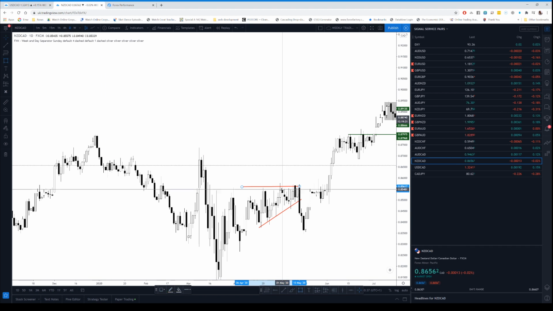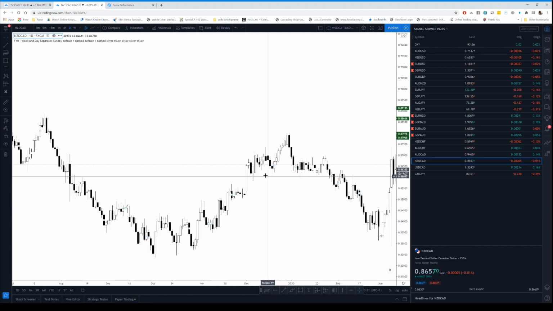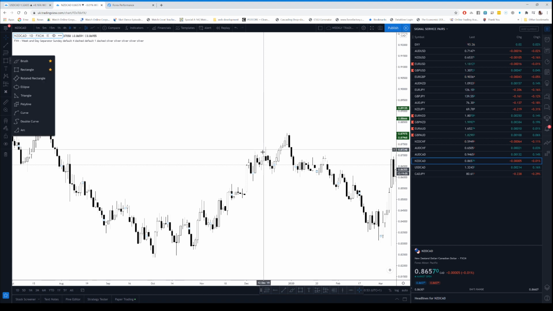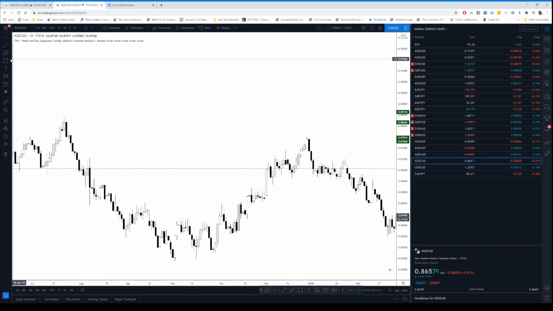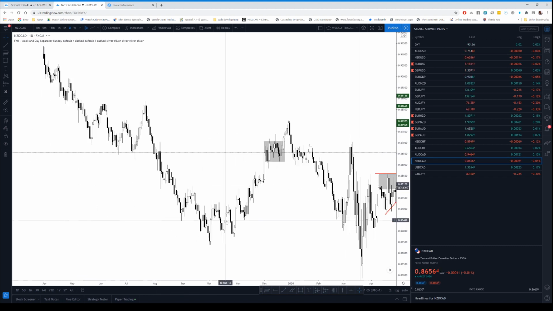That's another consolidation, and then a fake move to the downside, and then we push up. Another one in here, consolidation, a fake move to the upside, rejection, and then we went down forever.